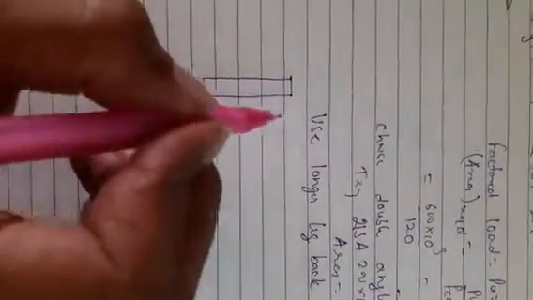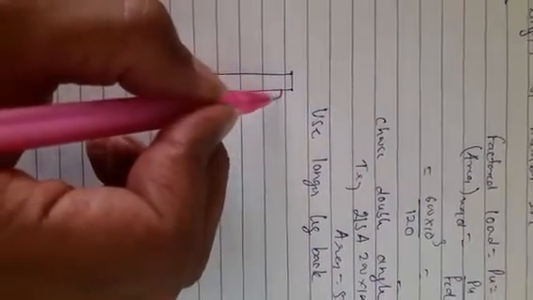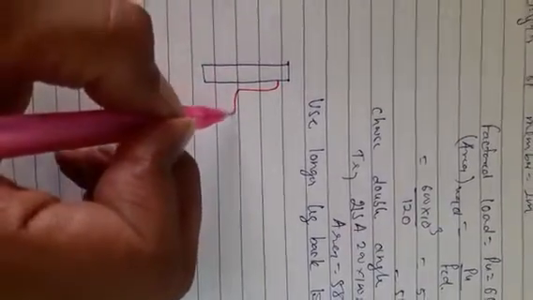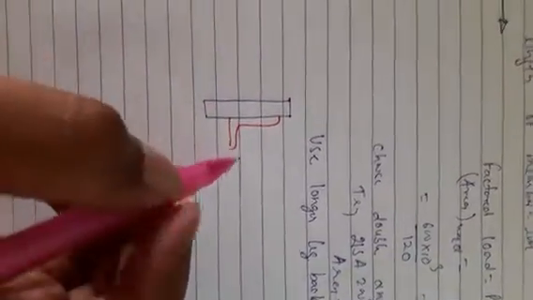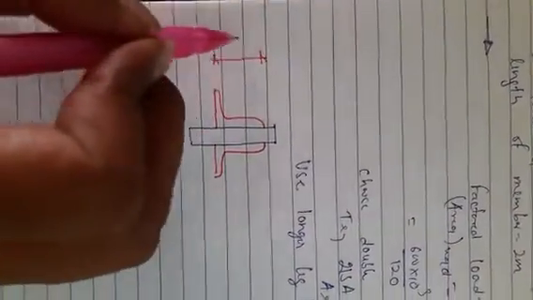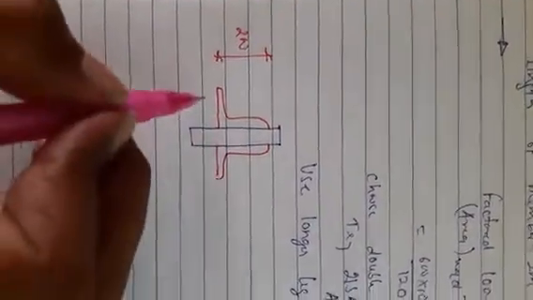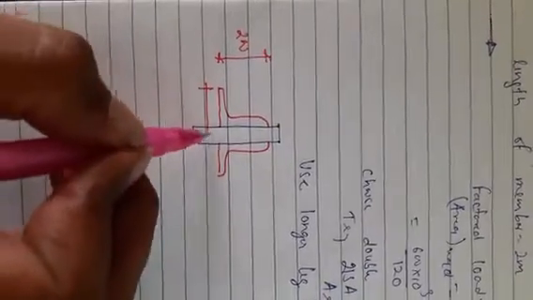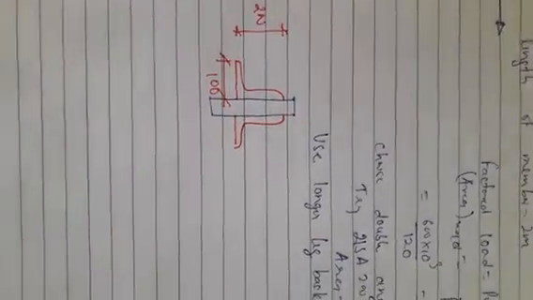So I am connecting two angles, two angles like this. Let this bigger dimension be 200. This dimension is 100. This is the gusset plate.